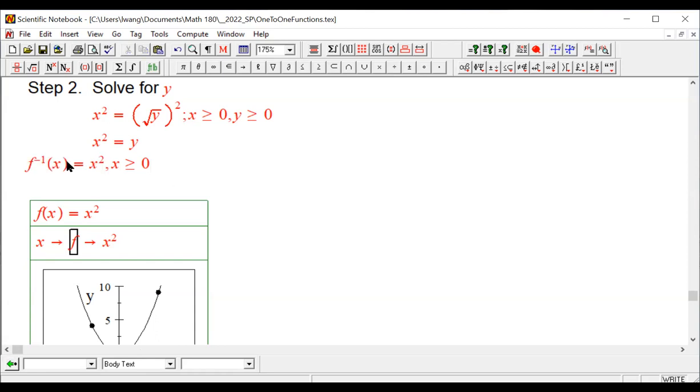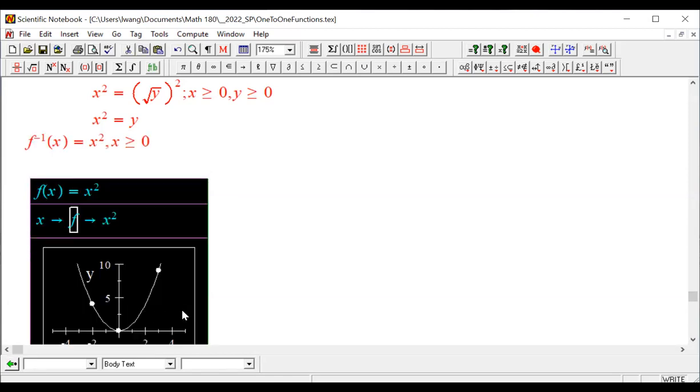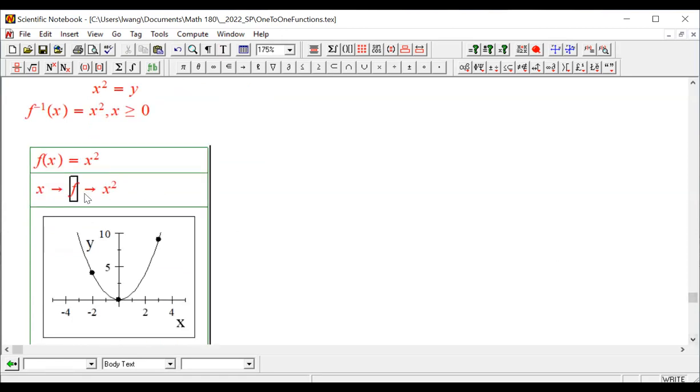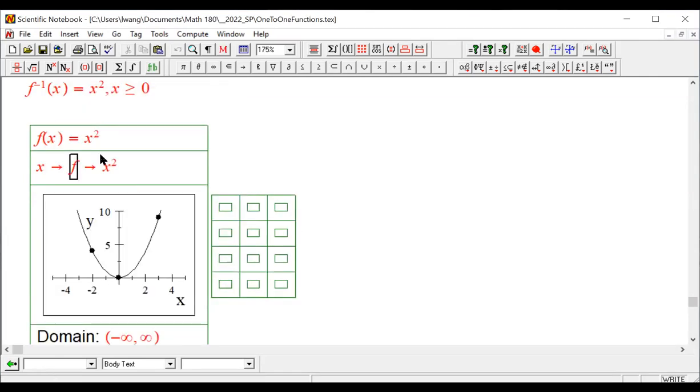So this function and the function right here are entirely different functions. To help us understand this, I want to make a comparison table right next to it. This function without any restriction on x has a domain of all real numbers, versus this one.